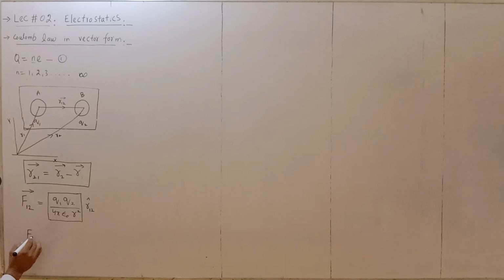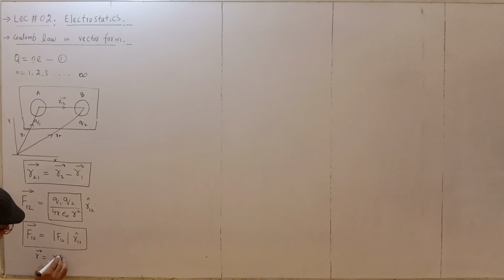So I can write F12 is equal to F12 magnitude times R12 unit vector. And any vector, just like R, is written as magnitude with its unit vector.